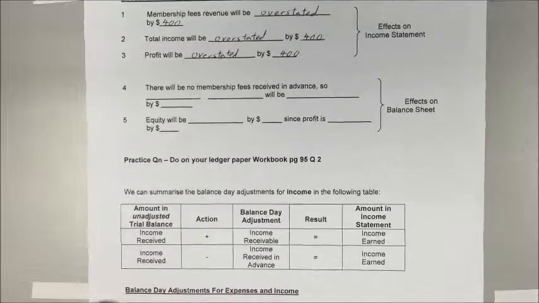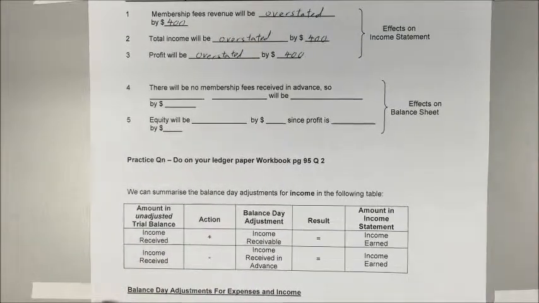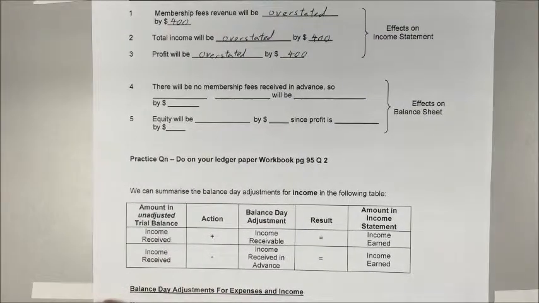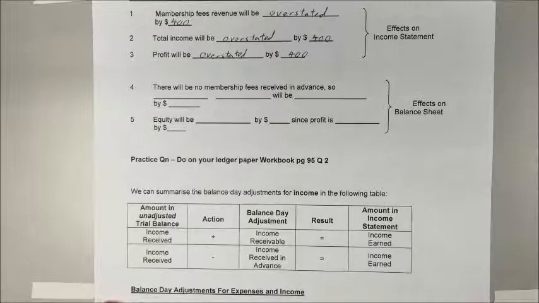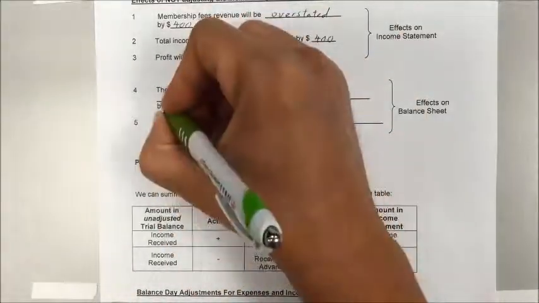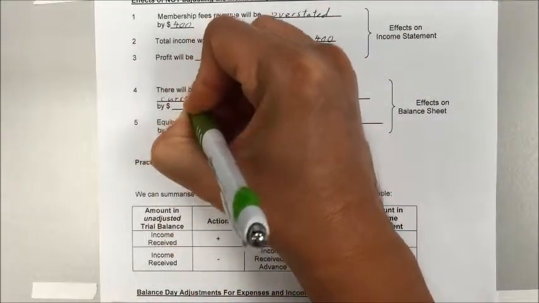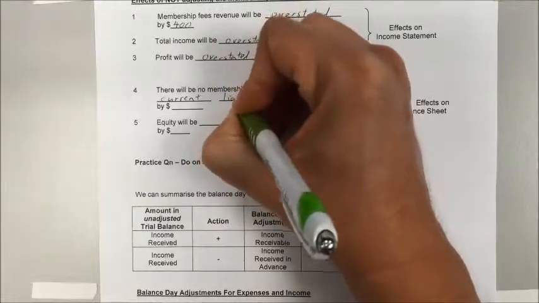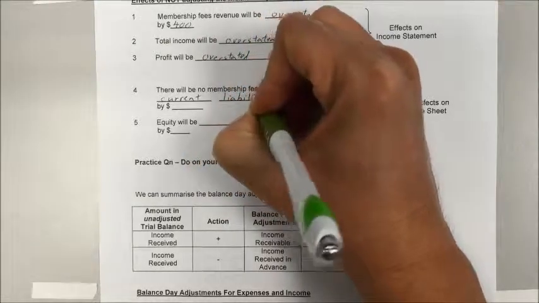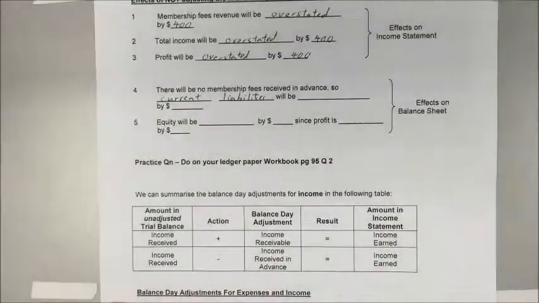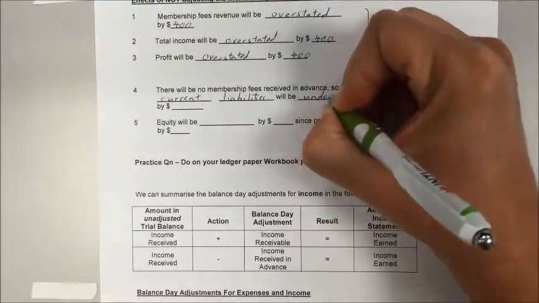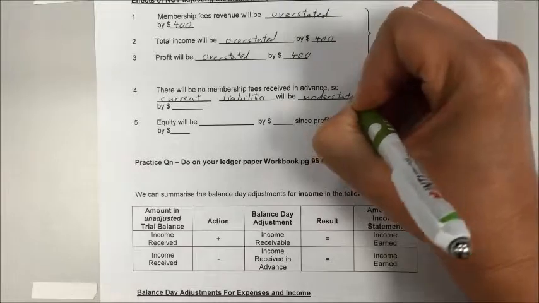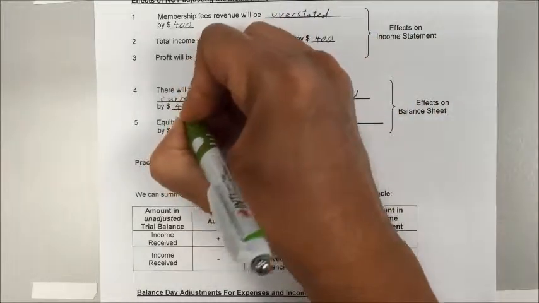How about the balance sheet? Now, if you had not recorded the membership fees received in advance, you will not have this current liability. So your current liabilities will be understated by $400.